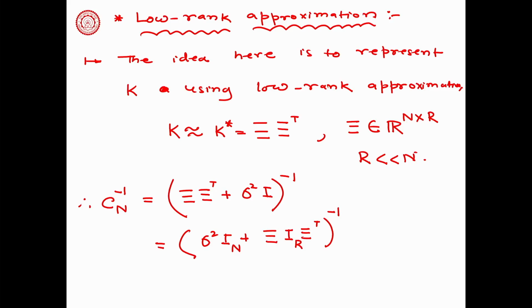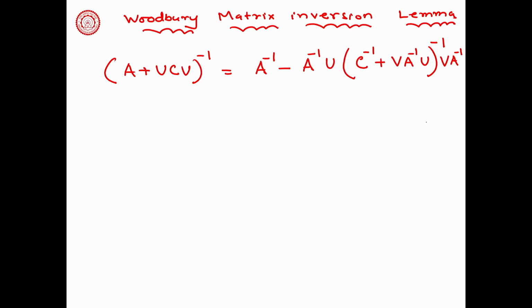Look at the matrix dimensions, it will make sense, because Xi is n cross r multiplied by r cross r multiplied by r cross n. Any question? Okay. So, now I am ready to invert it. Sigma square I n is my A. So, then this will be equal to, let us call it equation 2.